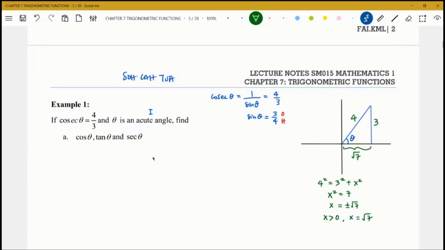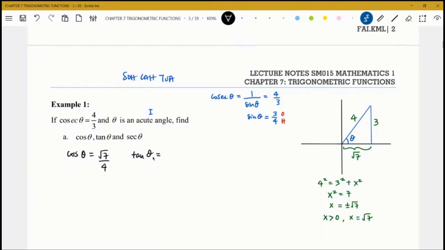So once we know all the sides, baru kita boleh cari cos theta, tangent theta and secant theta. Okay, cos theta, where we have adjacent over hypotenuse. So adjacent is square root 7 and hypotenuse is 4. So square root 7 over 4 for the cos theta. Tangent theta, which is TOA, opposite over adjacent.